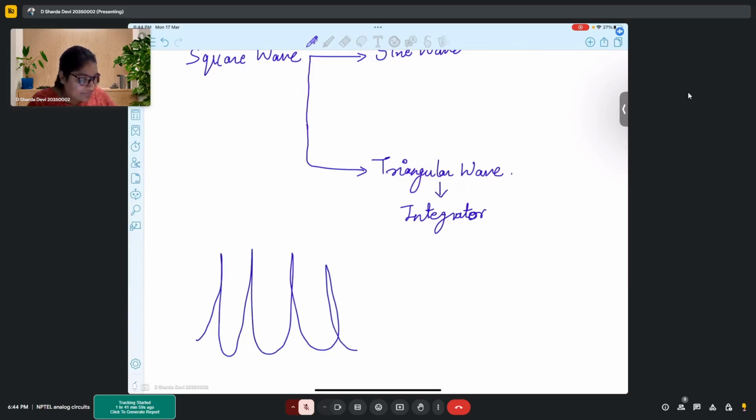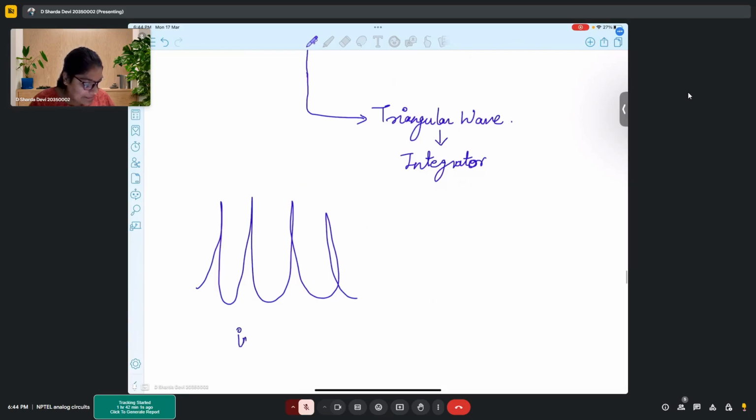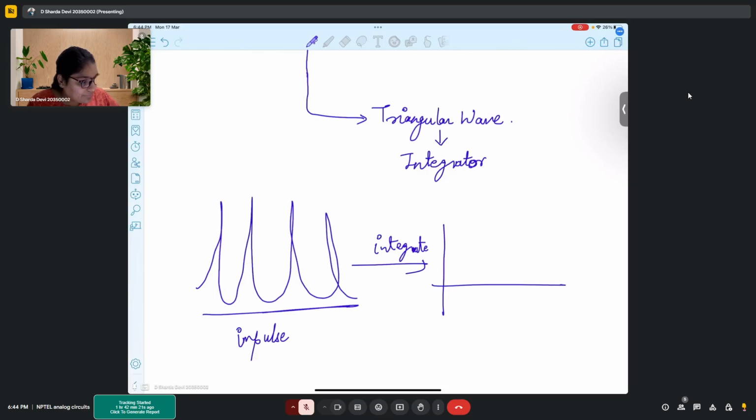So if you have these kind of impulses, these are practical impulses, okay? Practical impulses would have very small width and peaks. When you have these kind of practical impulses, if you integrate them, you would get a square wave.